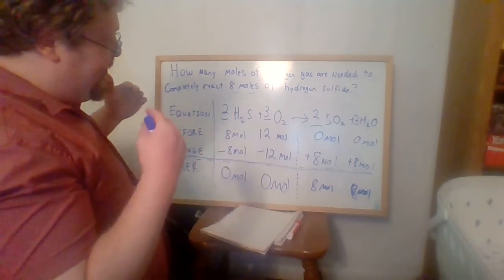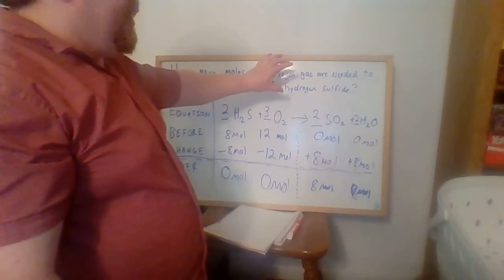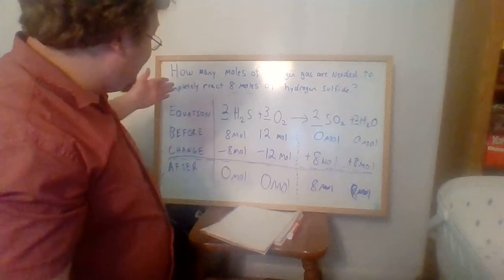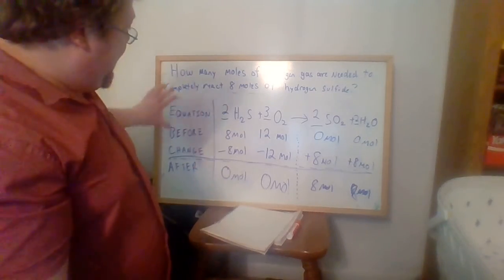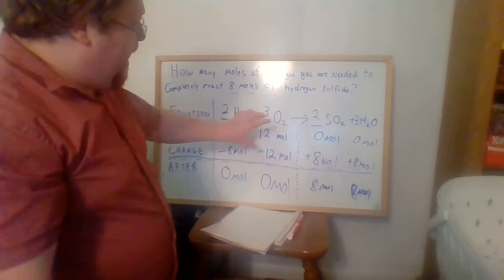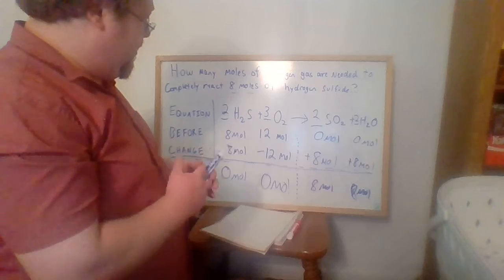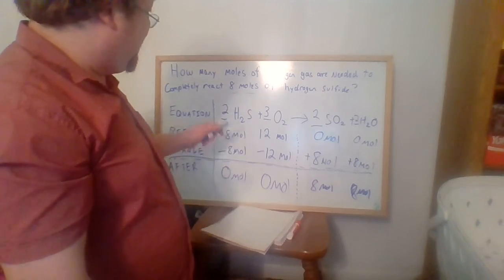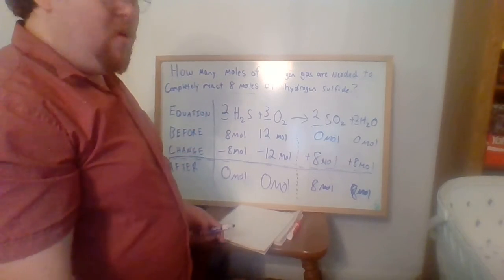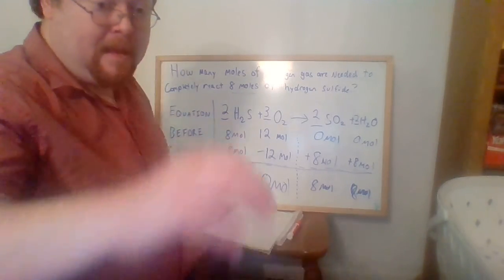There are other ways of thinking about this, but the reason why I like laying it out like this first is because even if you don't read this question, or if the question turns out to have multiple parts to it, then when you come back, you know at each stage of the reaction how much of each chemical you have. And in my next video, I'll talk about how to use the same approach when you need to convert between moles and grams.